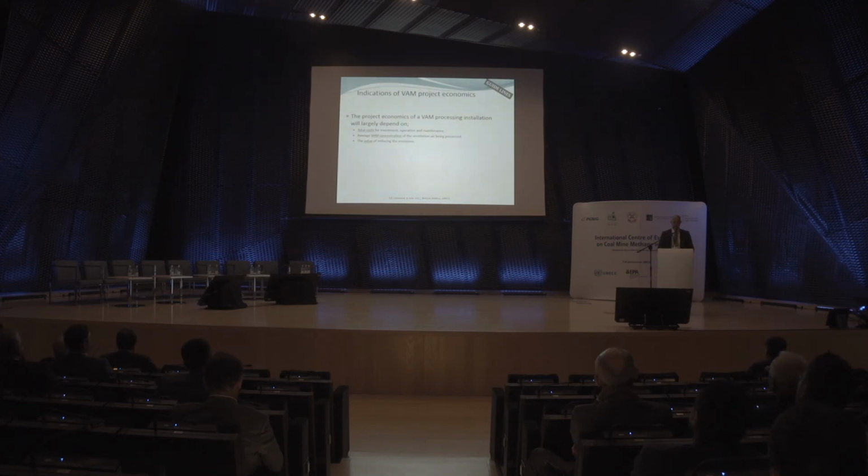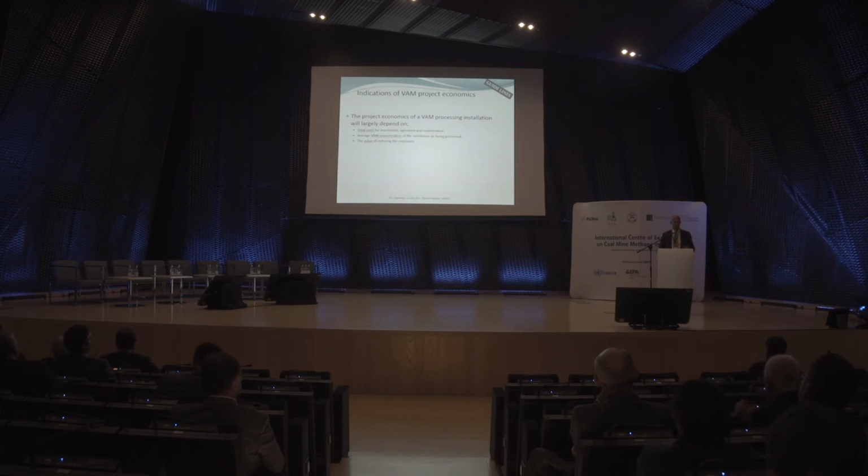So looking at a VAM project, the most important parameters are the total cost of the investment and the average VAM concentration, because this is air processing equipment. So if the concentration is 0.2% or 0.9%, it doesn't really matter for the equipment, but it matters very much for your economics.